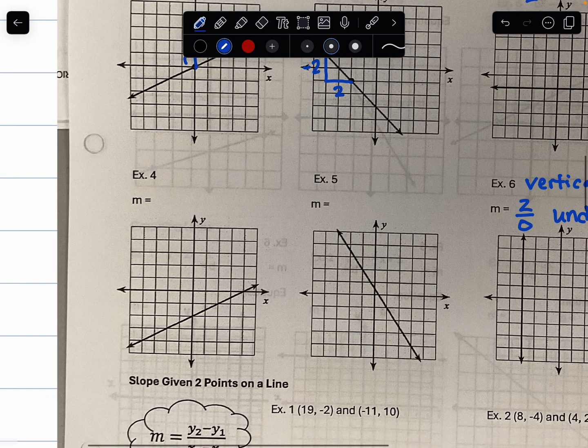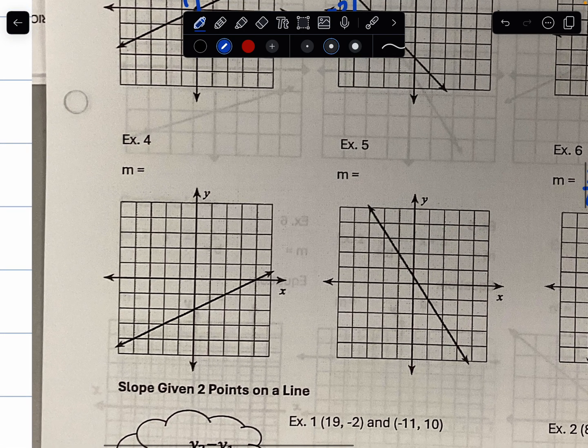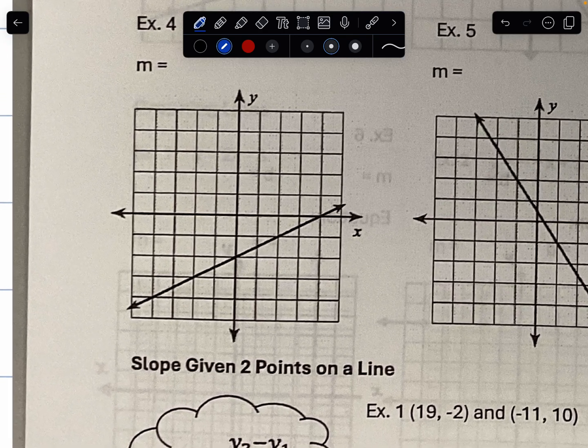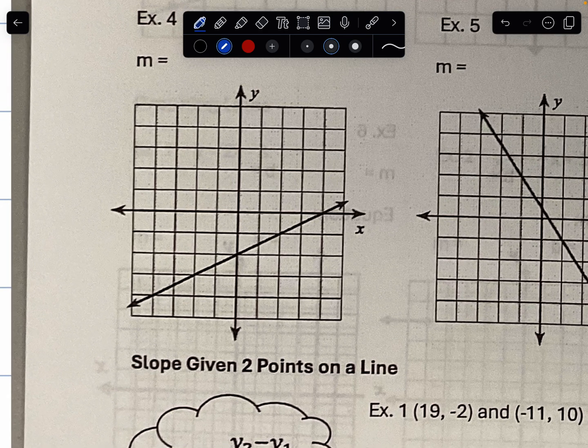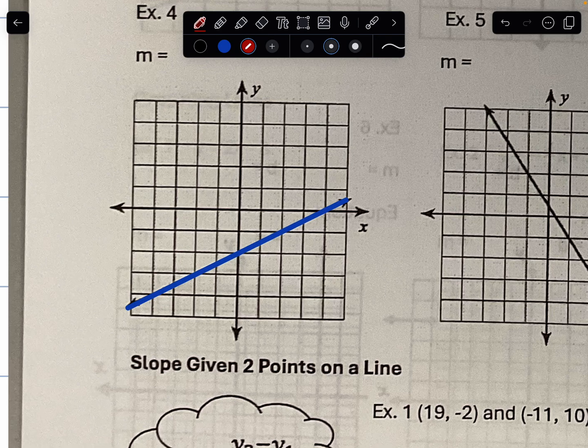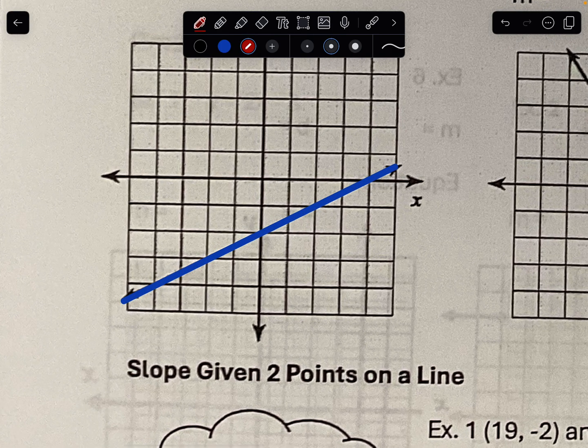All right, Pearl, example 4. Example 4 doesn't tell you where the ordered pairs are. We have to find them. I'm going to draw this line in blue. On that blue line, can you tell me where 2 ordered pairs are that are located on that line? Where it crosses the x and the y.